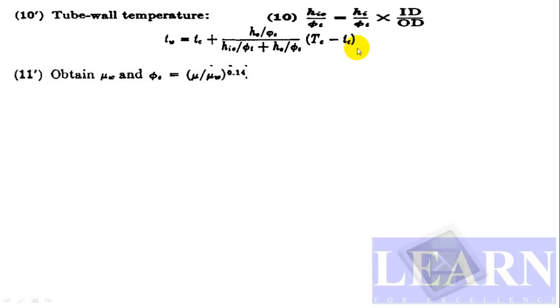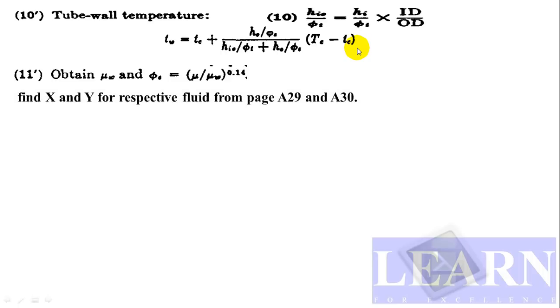Next, the 11th step will be finding mu W and phi s for the shell side, and mu W and phi t for the tube side. So if you find the values of phi s and phi t, we can calculate H naught and Hi naught, right?